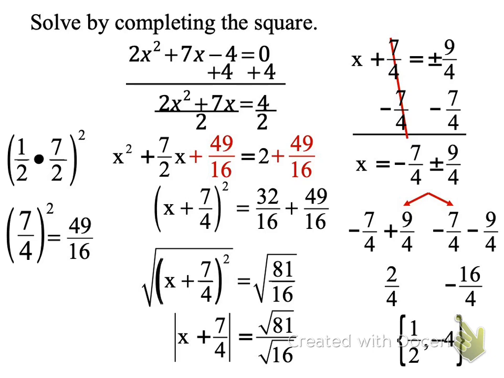Okay, so every time, you take what's here, the middle term coefficient, 7 over 2, and you have to divide it by 2 and then square it.